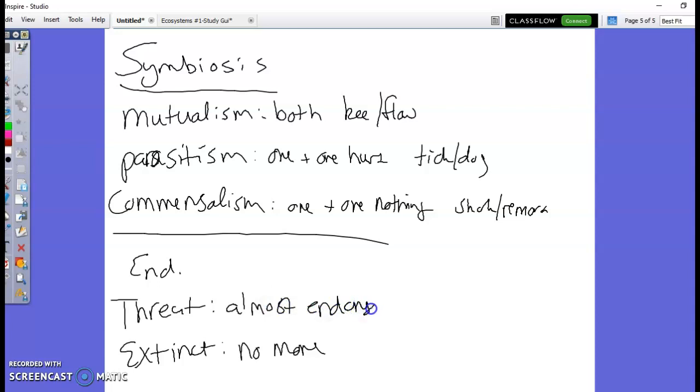Endangered means almost extinct. If you look at the definition of those words, my definition is pretty close, right? Even though it's super short. Endangered species, a species that's in danger of becoming extinct, that means they're almost extinct.